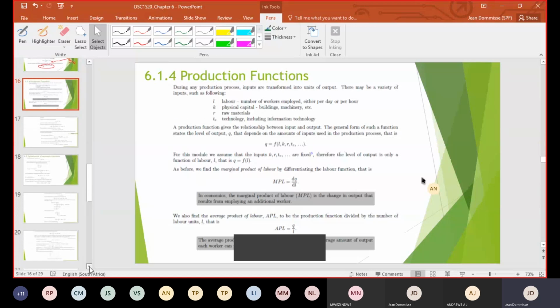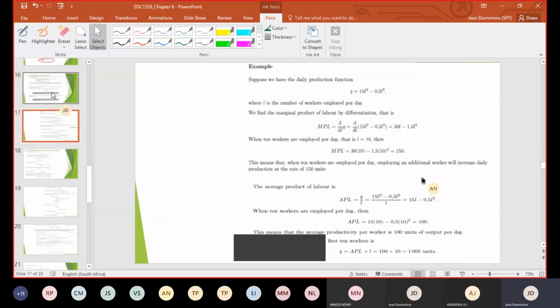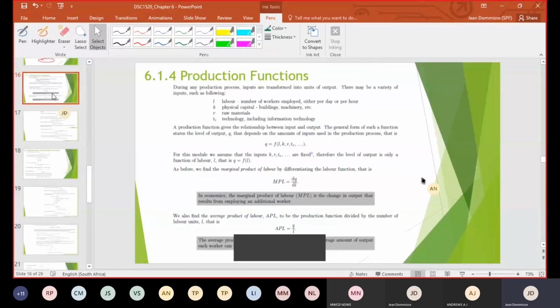So production functions, and I nearly want to say this is one that I can't remember anything nearly in the exams or in the questions in the assignments on that.